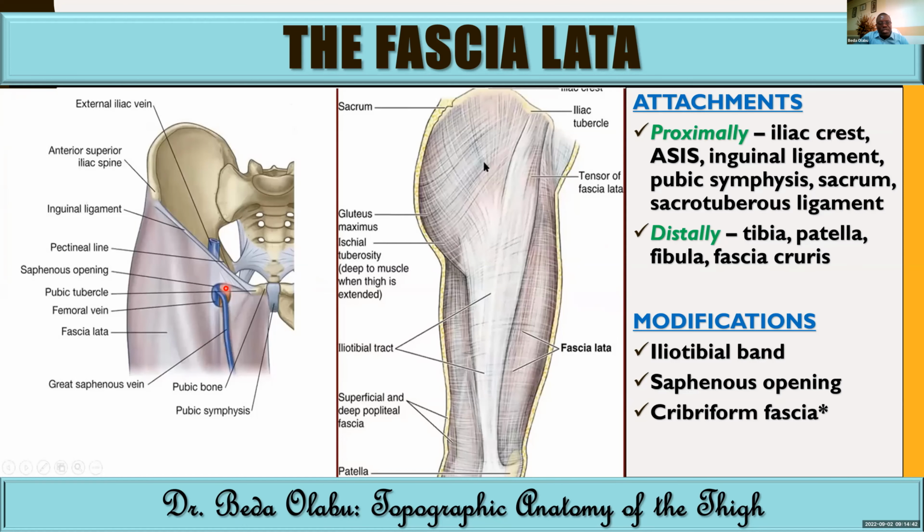But because the deep fascia is lacking over the saphenous opening, it is only the superficial fascia that is there. And this superficial fascia is perforated by those many structures we just mentioned that go through the saphenous opening. Because of that perforation, this cribriform fascia is sieve-like, and that's why it's called cribriform, sieve-like.